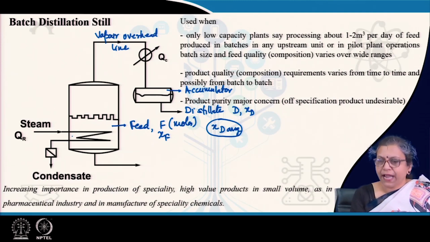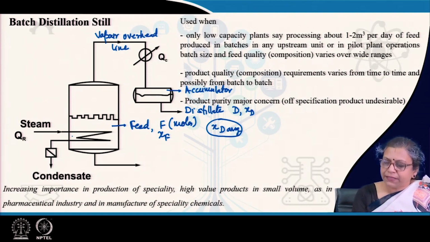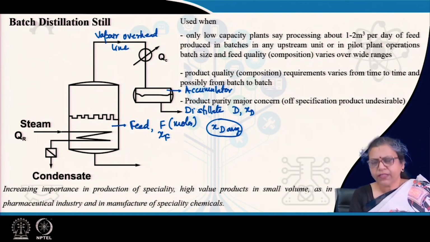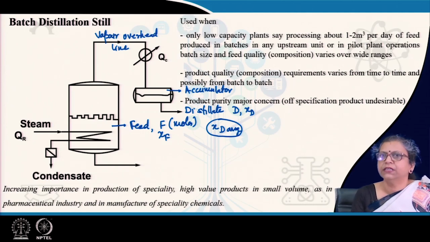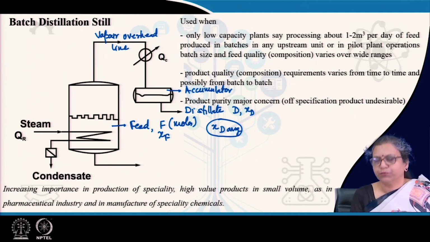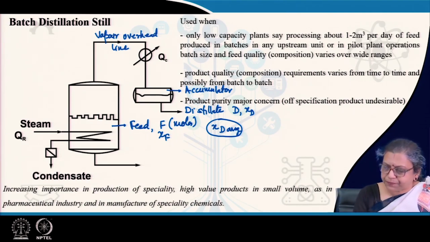One thing I had repeatedly mentioned earlier: when we denote these compositions, they denote the composition of the more volatile component, in case of binary mixtures or in case of ternary mixtures as well. There can be instances when the composition of the desired component is denoted by x, but mostly it is the more volatile component, at least for this particular class.